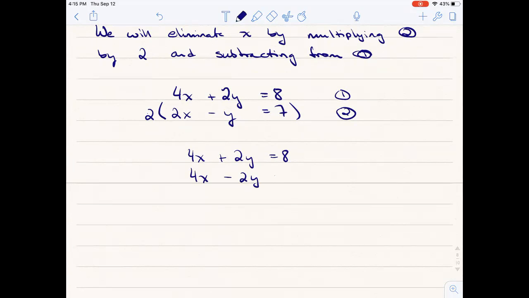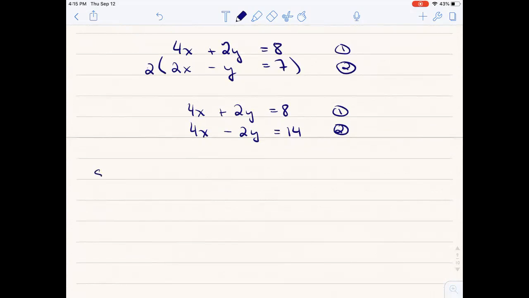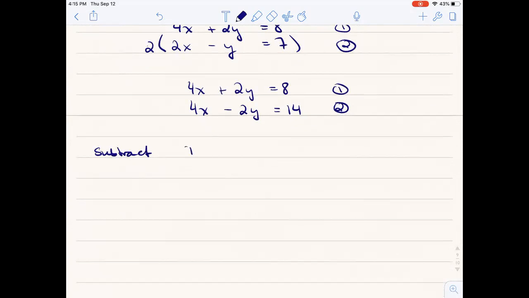Yeah, but we're going to subtract them. So now, subtract: equation 1 minus equation 2.